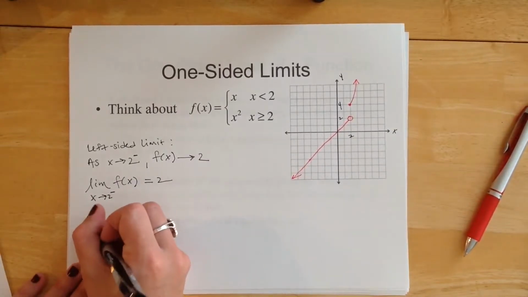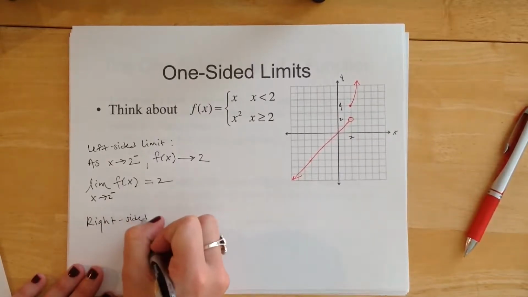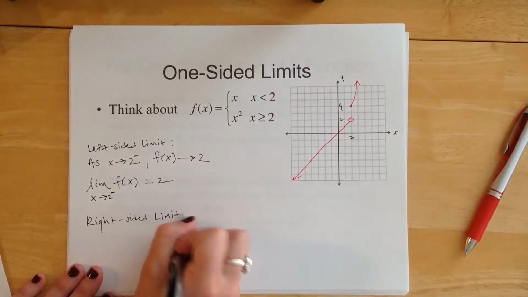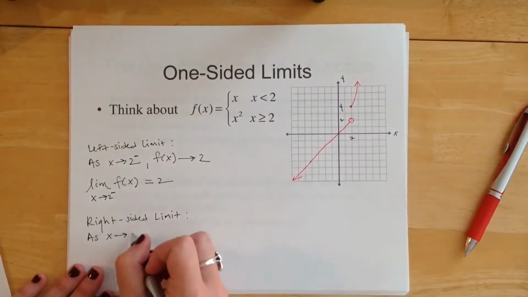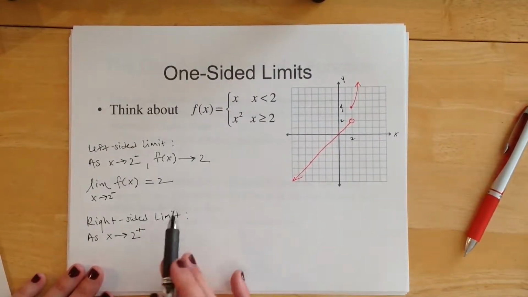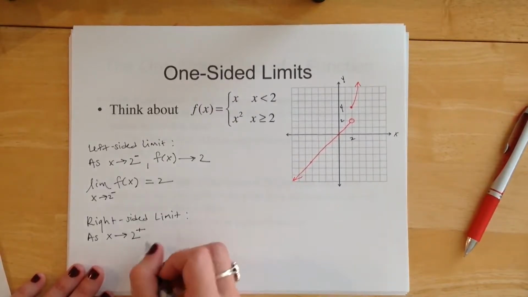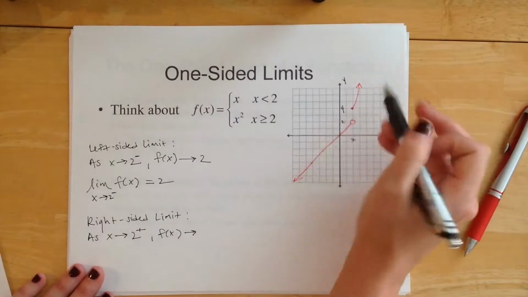And our right-sided limit says as x approaches 2 from the right, we put a plus sign, to symbolize as x approaches 2 from the right, we put a plus where there would be an exponent. f of x approaches 4.